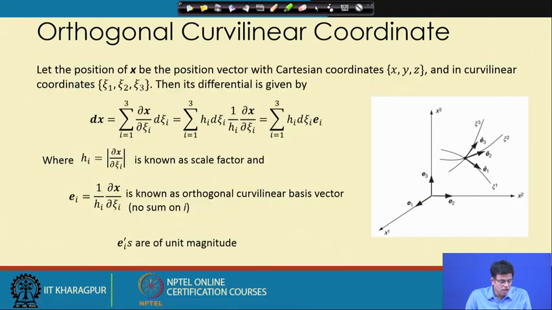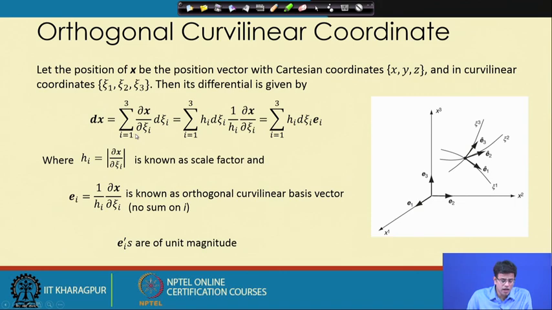So, let us consider that x is a position vector with Cartesian coordinates x, y, z and curvilinear coordinates xi1, xi2, xi3. Now, if this is the case, then any differential element dx I can define as the partial of x with respect to xi, into d xi.